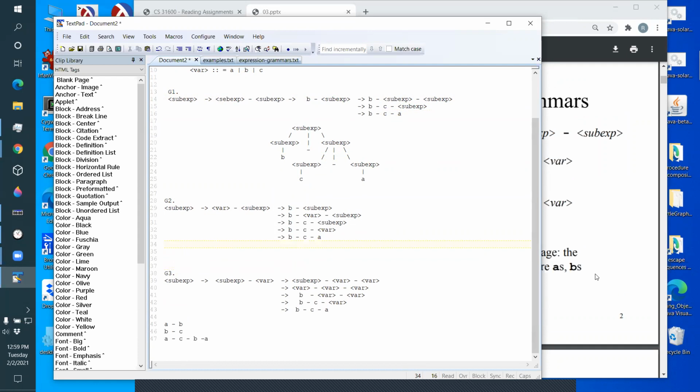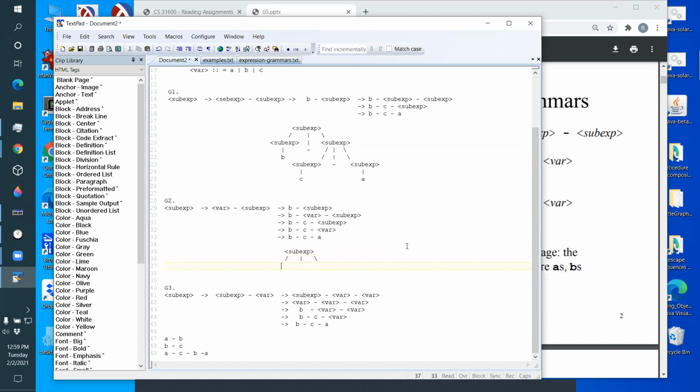The tree for this one will be, well, we start with the start symbol at the root. It branched into three ways like this, so it's got a three-way branch. On the left branch, a sub-expression, a minus sign on the middle branch, and a copy of sub-expression on the right branch.